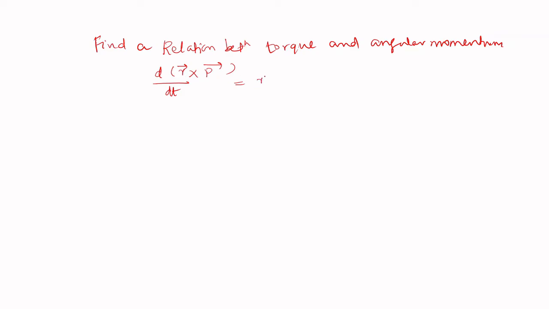So we get R cross dP by dt plus dr by dt cross P. This is how we should do the differentiation. It is the method like this: d(uv) by dt is u into dv by dt plus v into du by dt.